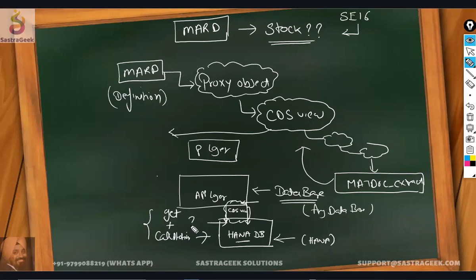And when we do this calculation in the CDS view, it uses the resources of your database, not the application layer resources. So the data will be getting out, calculation would be done, and that will be given back to the application layer. To answer your query, whether we write on application layer or database layer, CDS views are written on the application layer, which do the computation in the database layer.